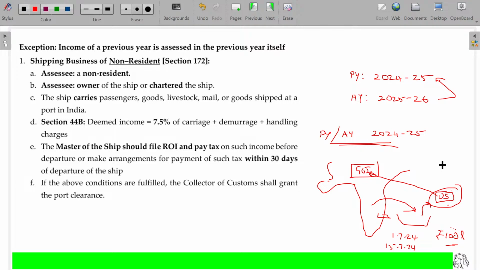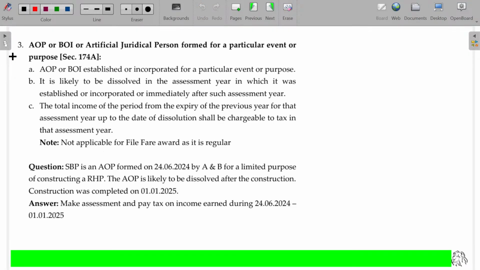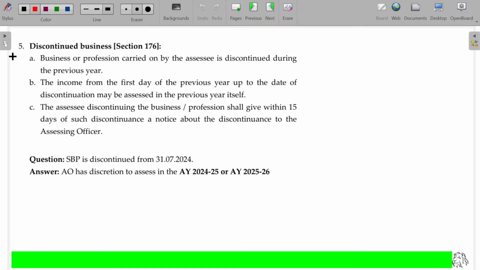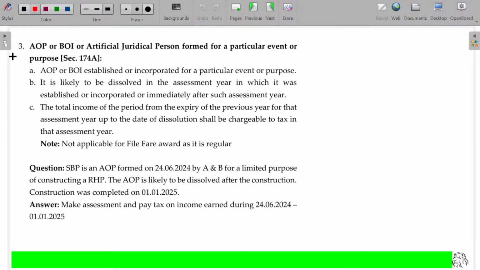This situation will also be there. These are exceptions. Previous year income assessed in the assessment year is the basic rule, but of course there may be exceptions. One exception is all about shipping business. I am going to refer to around 5 such situations. In these 5 situations, previous year income is assessed in the previous year itself. You can very easily guess.